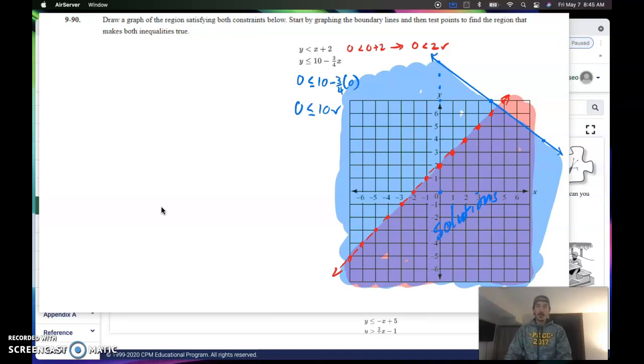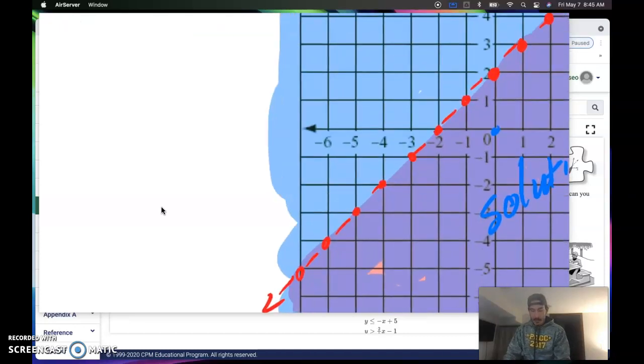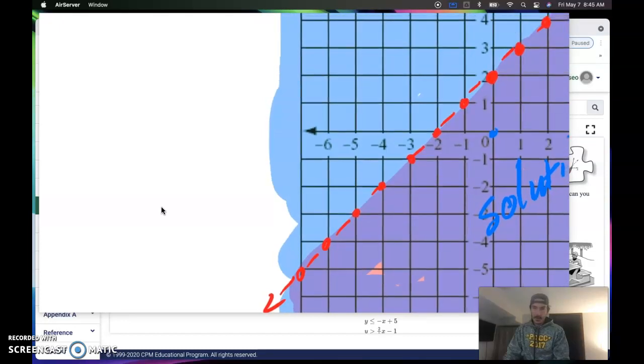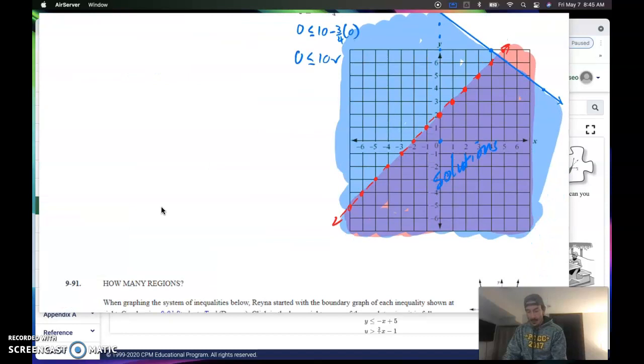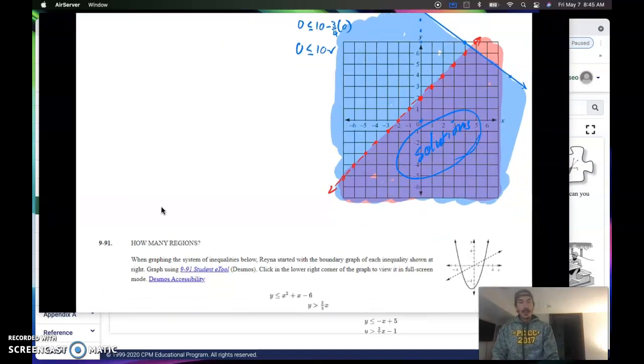So this would be the solution to the system. Notice, any point on that dashed line is not going to be a solution. Any point on this blue solid line would be a solution, and anything out here in this field would be solutions.